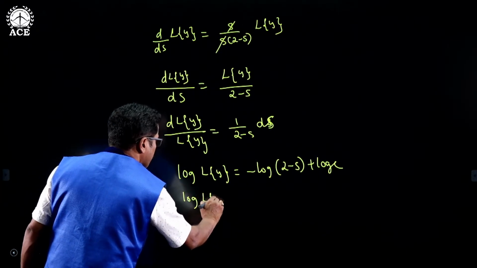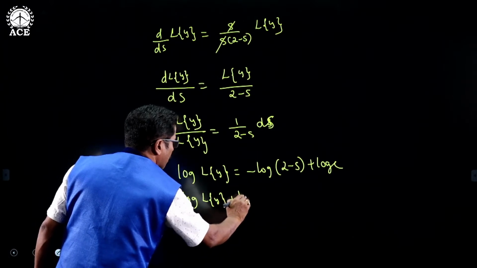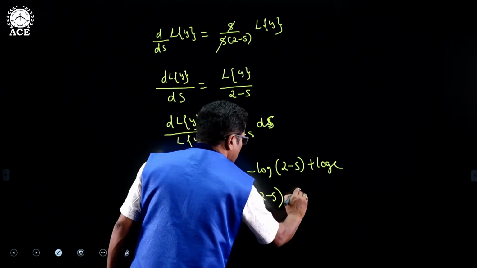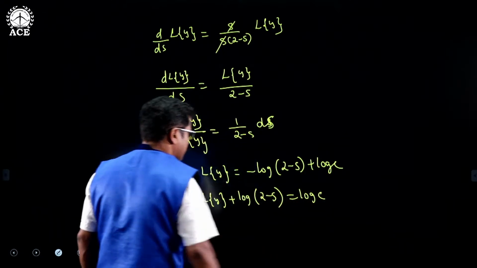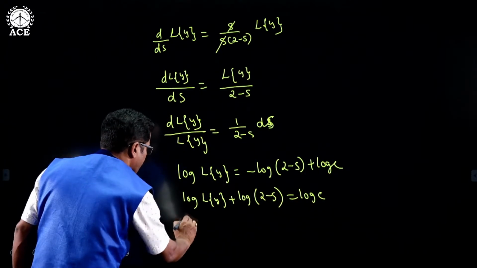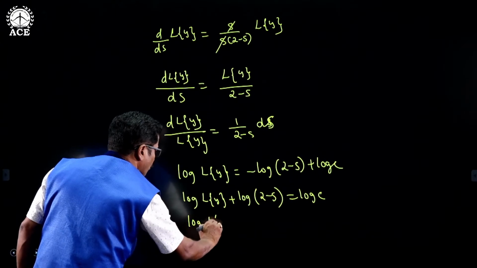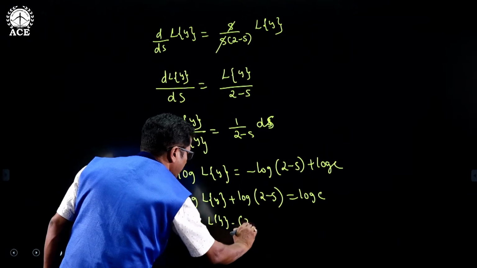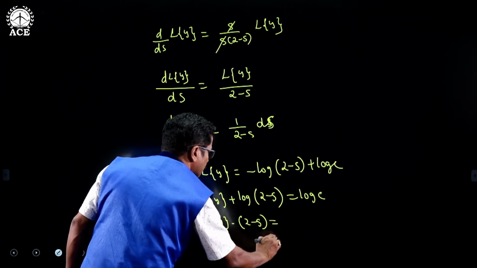So log of L of y plus log of 2 minus s is equal to log c. Okay, so then log of L of y into 2 minus s is equal to log c.